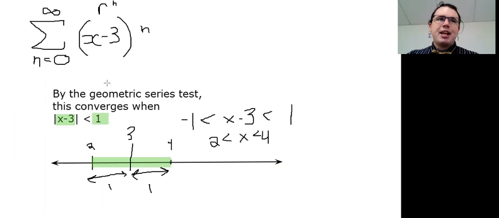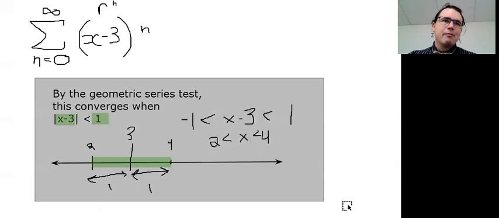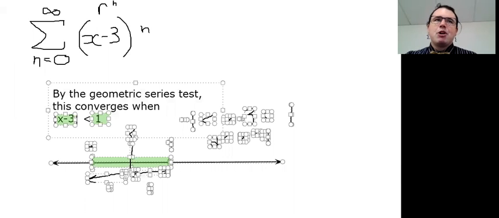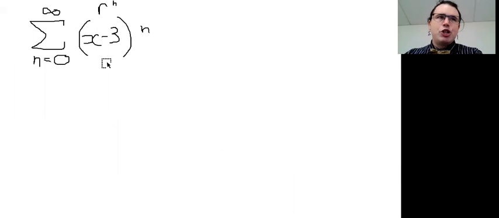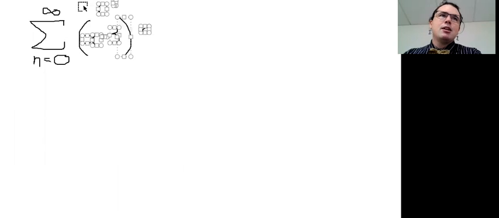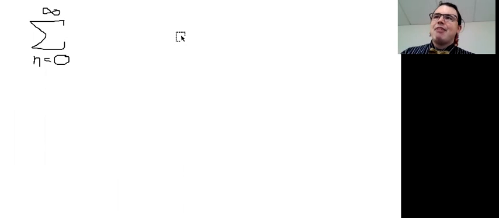So I can go from this inequality to more geometric reasoning in terms of a center location, the number 3, and a maximum distance. Distance has to be less than 1. All right. So those examples are showing me how I can use geometric series when there is a variable x involved.